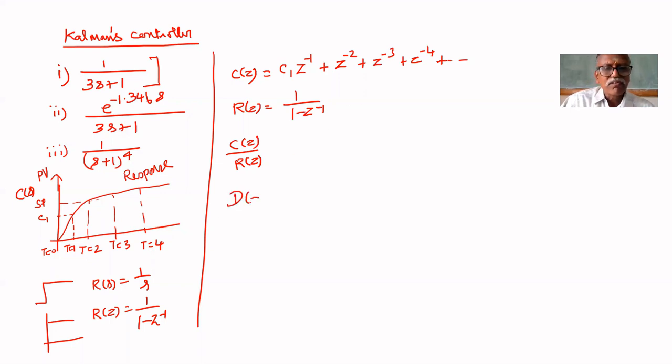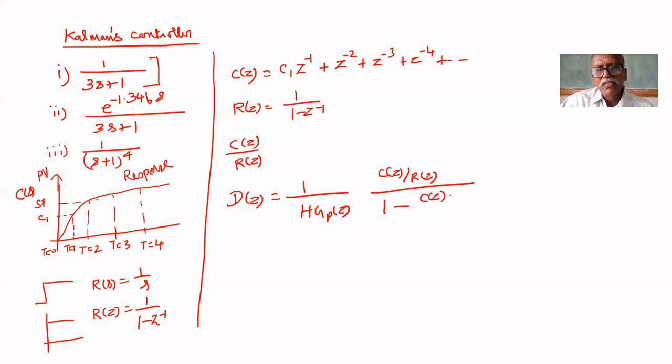Therefore, C of Z upon R of Z equal to, if you divide by this, what you will get is 1 minus Z power minus 1 multiplied by C1 Z power minus 1 plus Z power minus 2 plus etc.